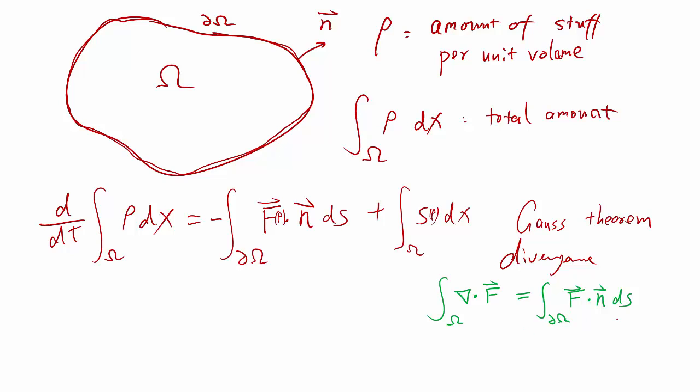So we can immediately see the application in this conservation law. The surface flux doesn't have to stay as a surface flux. It can be transformed into a volume integral of the divergence. So this thing is equal to minus the volume integral of the divergence of this f dx.